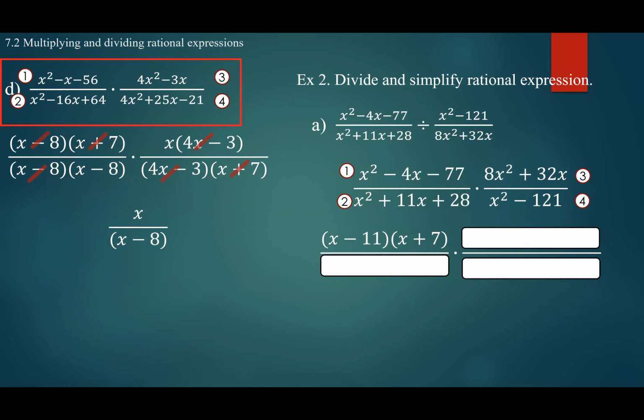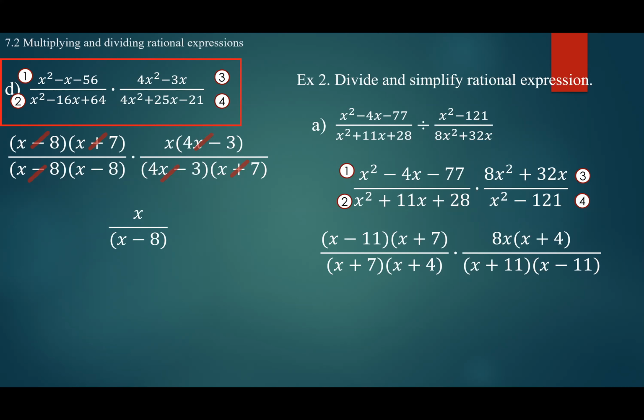And again, looking at this, dividing rational expressions just asks you to do one transformation. You need to change the division to become a multiplication and flip the second item. And once you do that, everything should be the same as before.